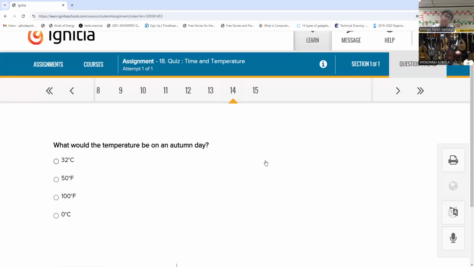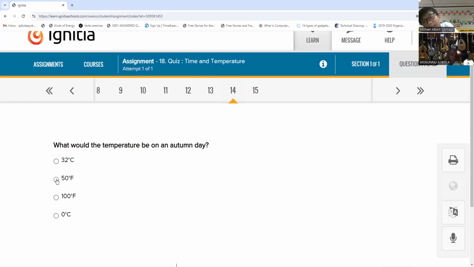Are you sure? Yes, I'm sure. A typical autumn temperature is likely to be cool but not freezing, okay? So this should be 50 degrees Fahrenheit or 10 degrees C, okay?